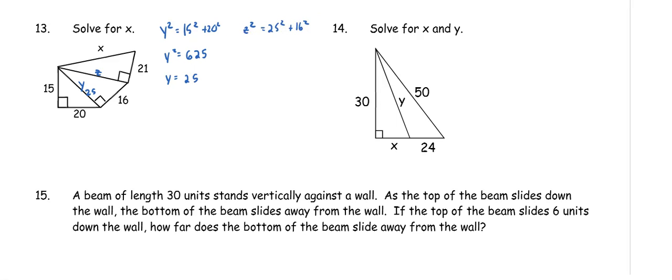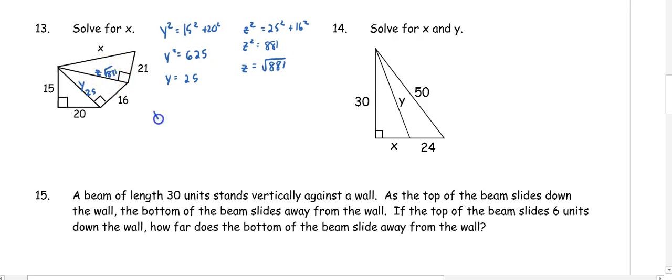So we would get that z squared is equal to 881. Now 881 is a prime number, so when we take the square root, we're just going to leave it as square root of 881. Now we can use 881 and 21 to finally solve for x. So x squared equals the square root of 881 squared plus 21 squared.